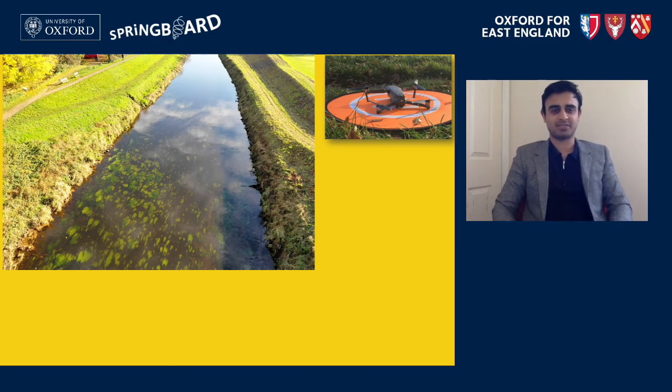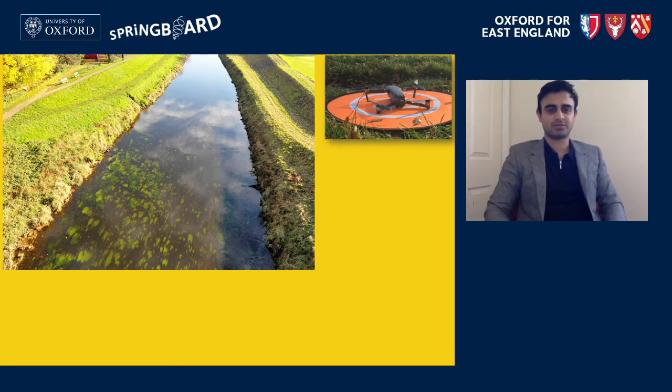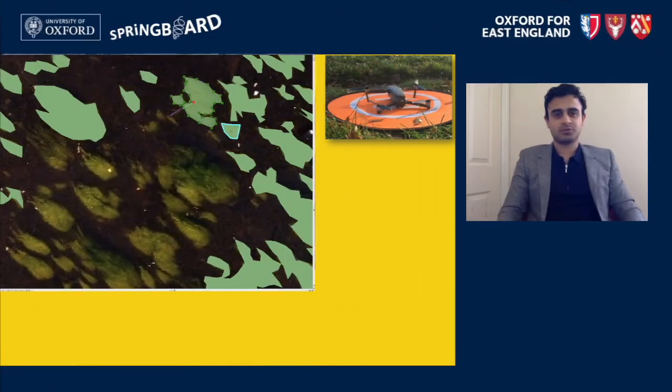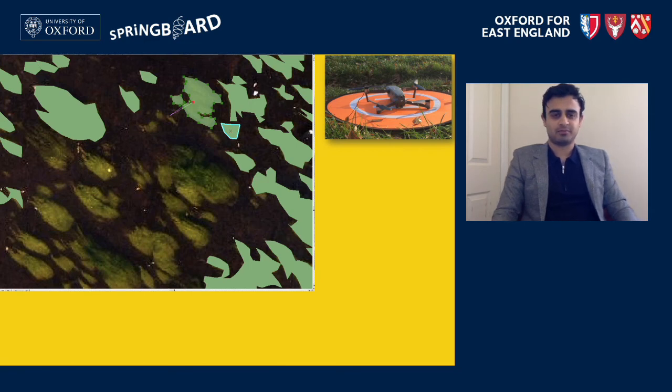Here's one of my studies where I was interested in looking at river vegetation and its influence on river flows. What I did is I took images with a drone, and then I stitched them together to create a mosaic, and then I simply created a raster data set. So once you've taken your pictures, you can simply draw with your software.